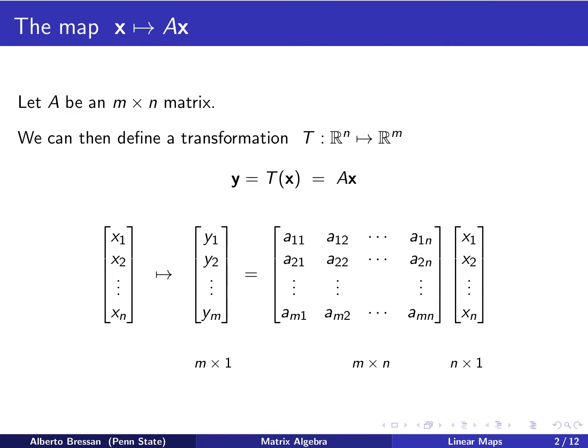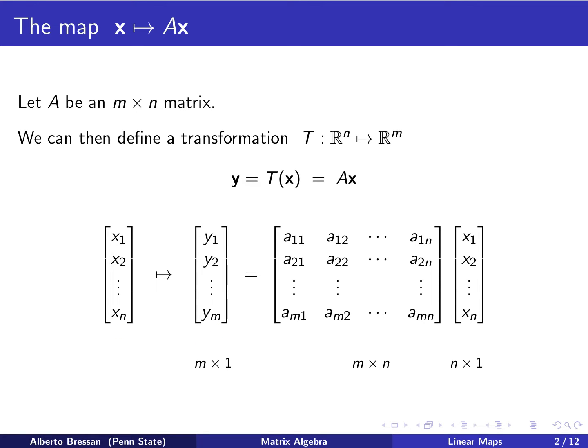To be more specific, we can write out the elements in this vector and the matrix. So this is the vector x. Now x is transformed into a vector we call y. The y has dimension m, x has dimension n. They don't have to be the same.